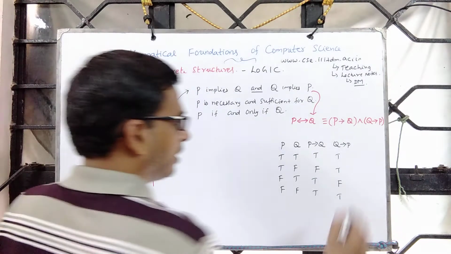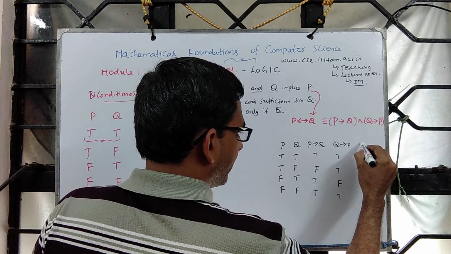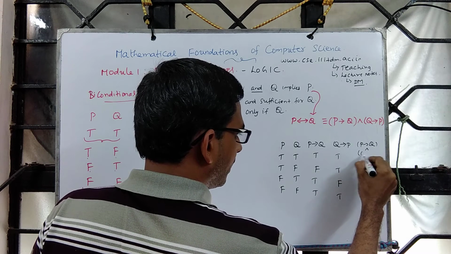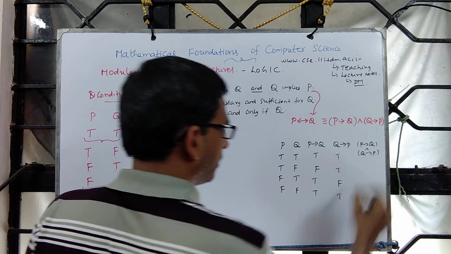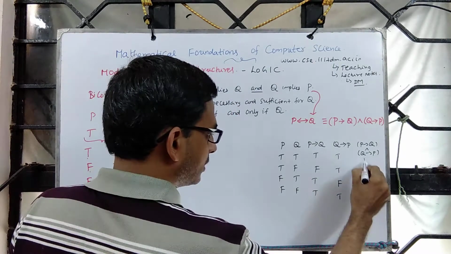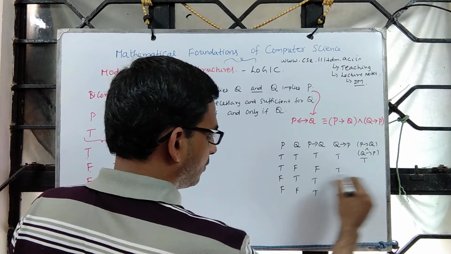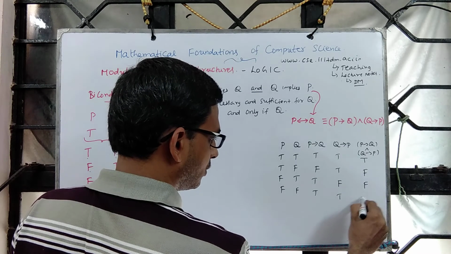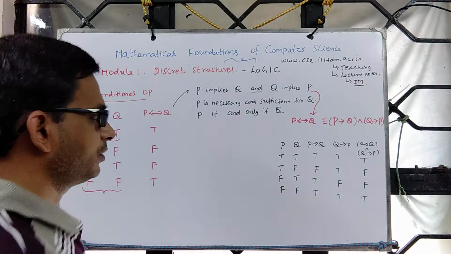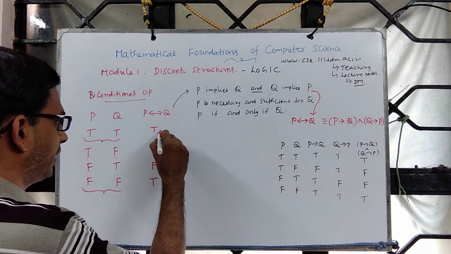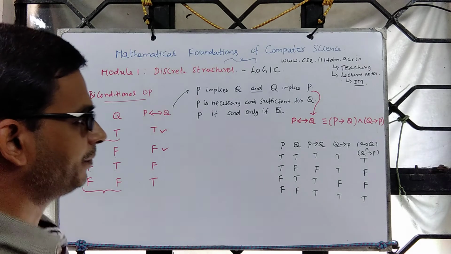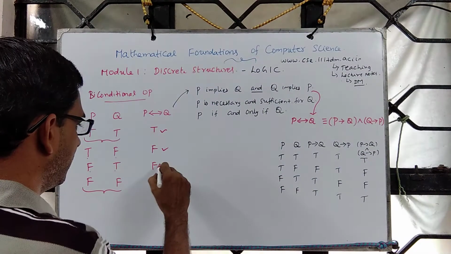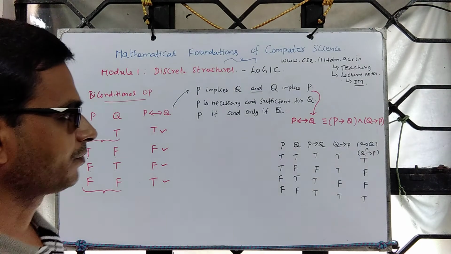Correct? Now look at the AND operator. P implies Q and Q implies P. Both are true, so this one is true. One of them is false, so this one is false. One of them is false. Both are true. Now you see that the truth value of P biconditional Q and the truth value of P implies Q and Q implies P are one and the same.